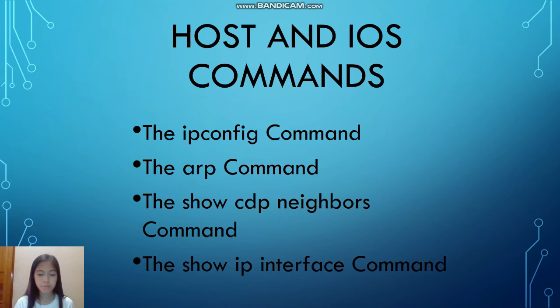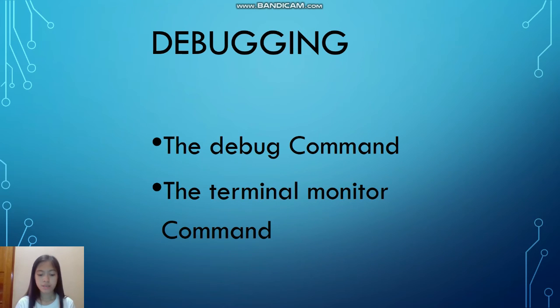Then, the show ip interface command. There are several other IOS commands that are useful. One example is the Cisco Discovery Protocol, or CDP. It's a Cisco proprietary protocol that runs at the data link layer. Next is debugging. The debug command and the terminal monitor command.